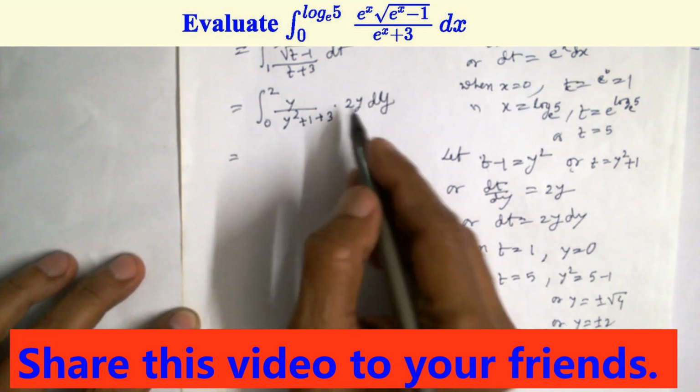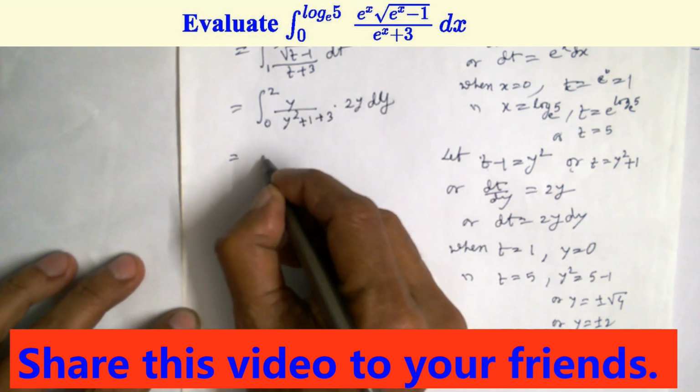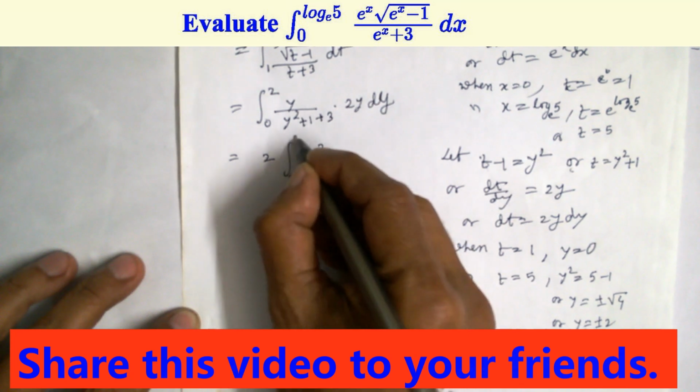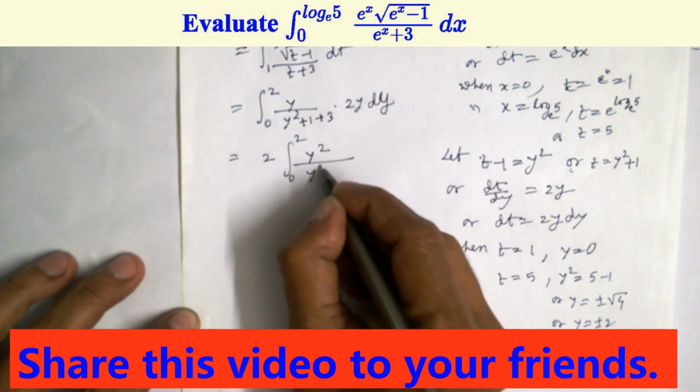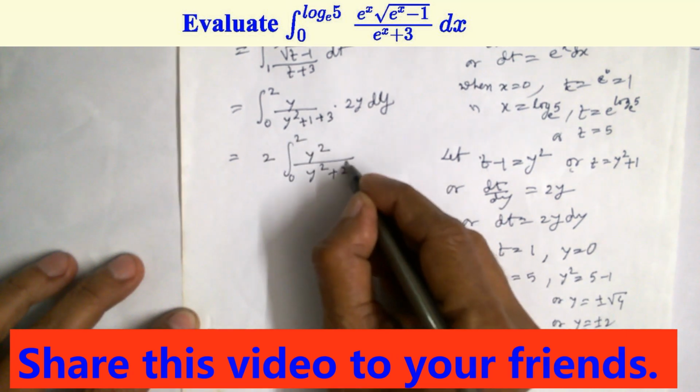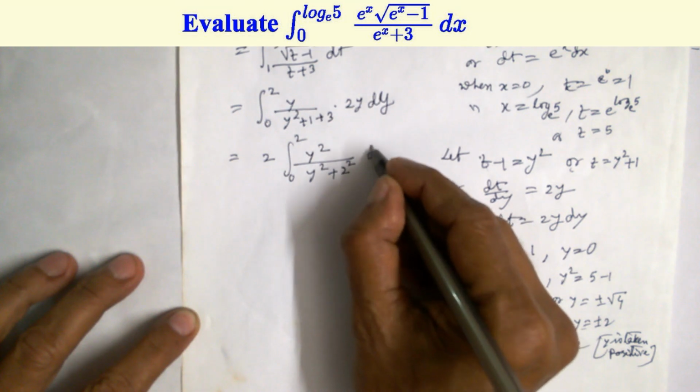That is equal to y into y, 2y square, from 0 to 2, over y square plus 3 plus 1, dy.